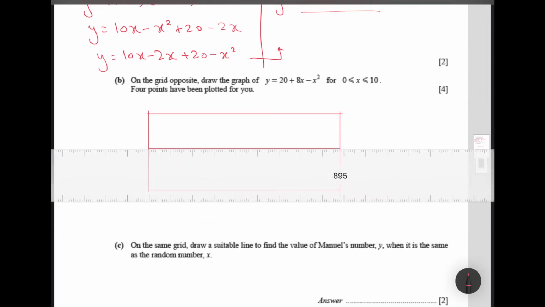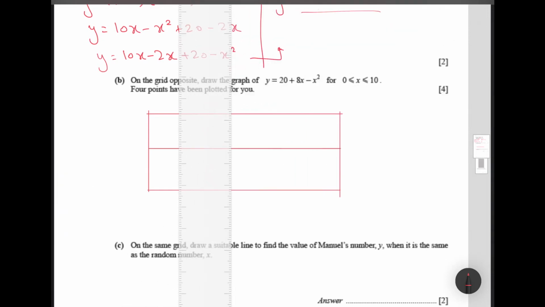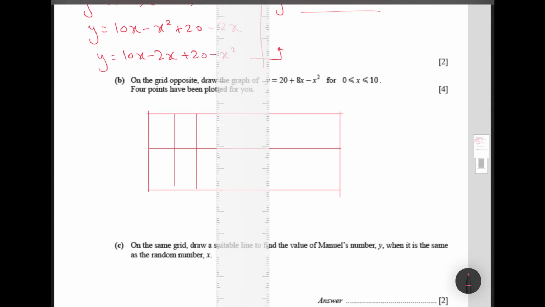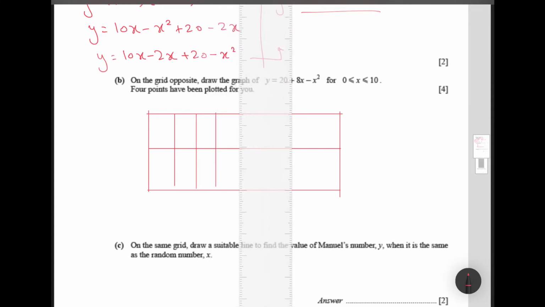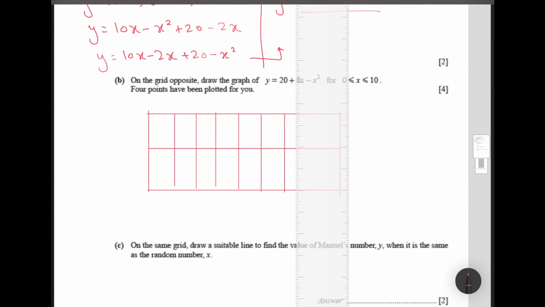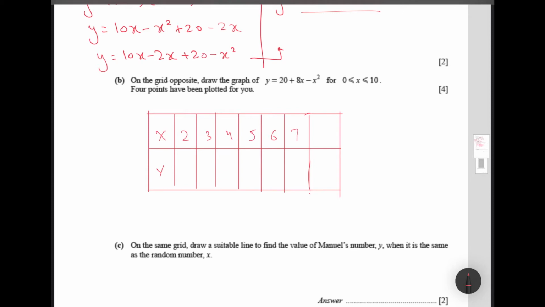This is for the values of x and y. So we have x over here, y over here, 2, 3, 4, 5, 6, 7, 8.